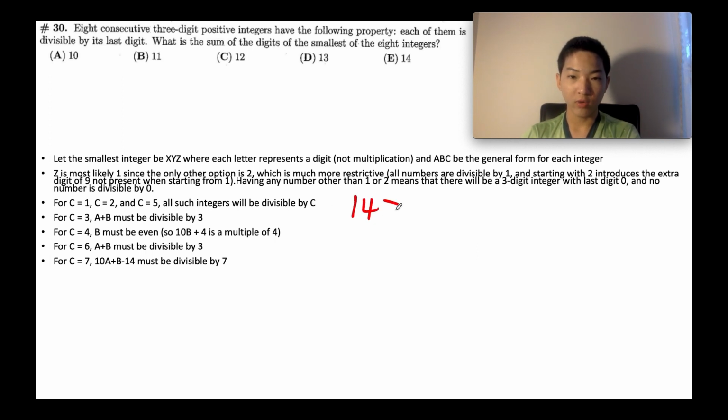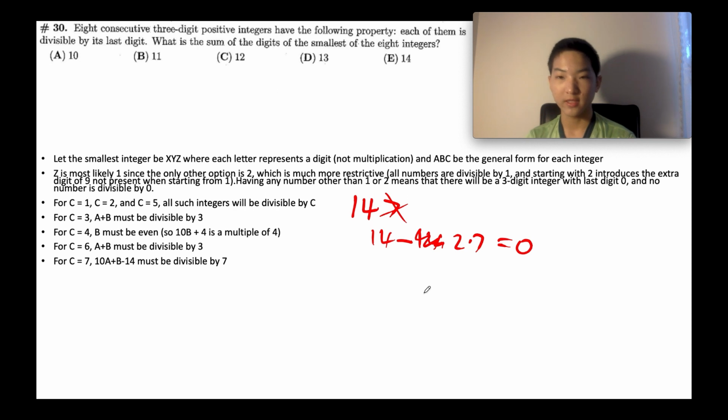To check whether it's divisible by 7, we take away the last integer, so we have 14. Then we subtract 2 times the last integer, which is 2 times 7, and that is equal to 0. So yes, 147 is divisible by 7.